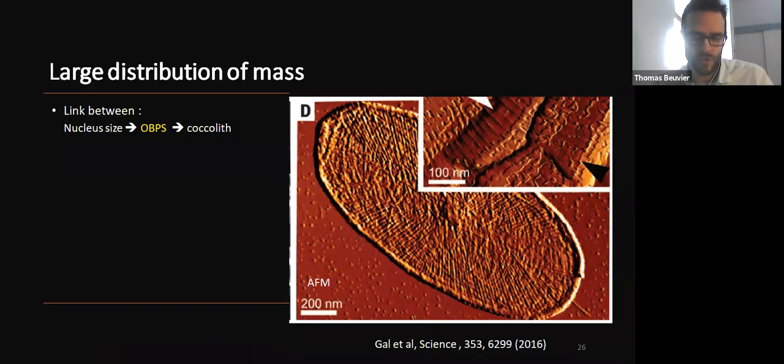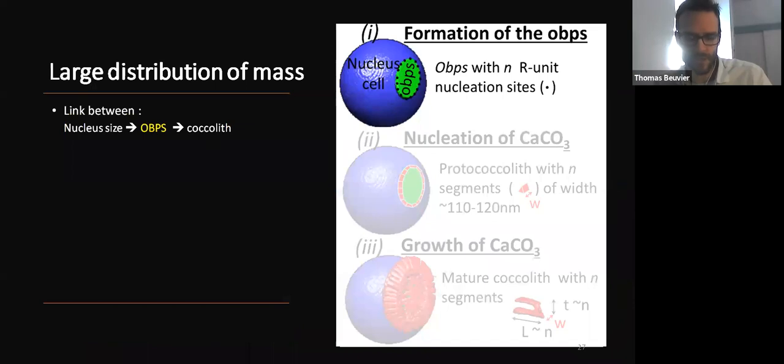This fibrous structure can also be seen by AFM here, and this leads us to propose a mechanism of formation of these coccoliths, with first an organic base plate, which is on the nucleus and which contains at its periphery several nucleation sites.